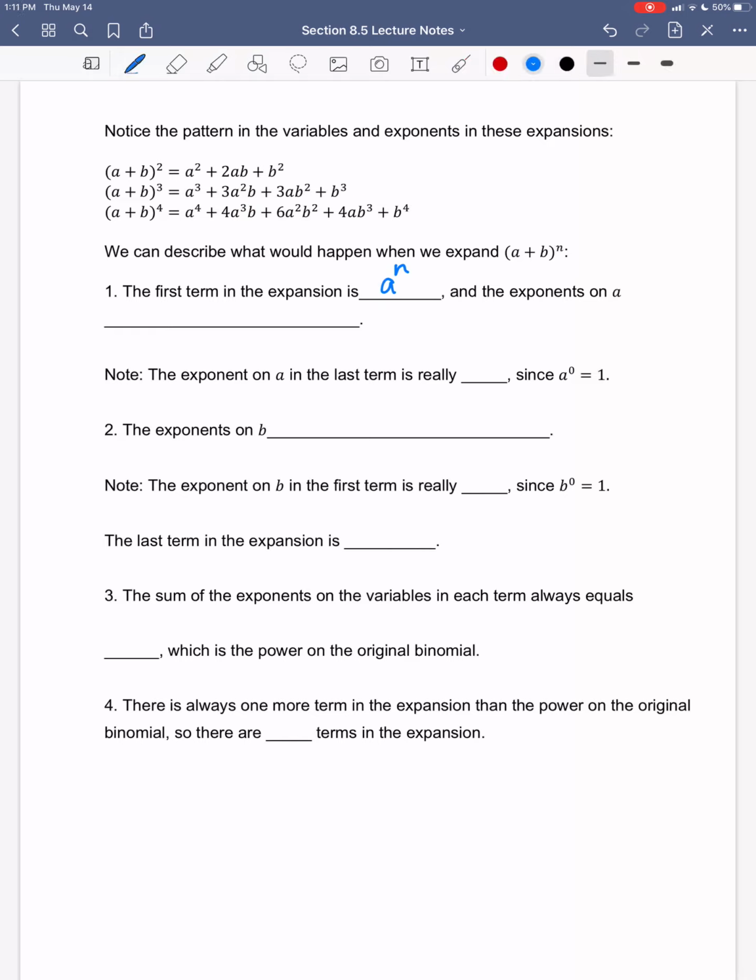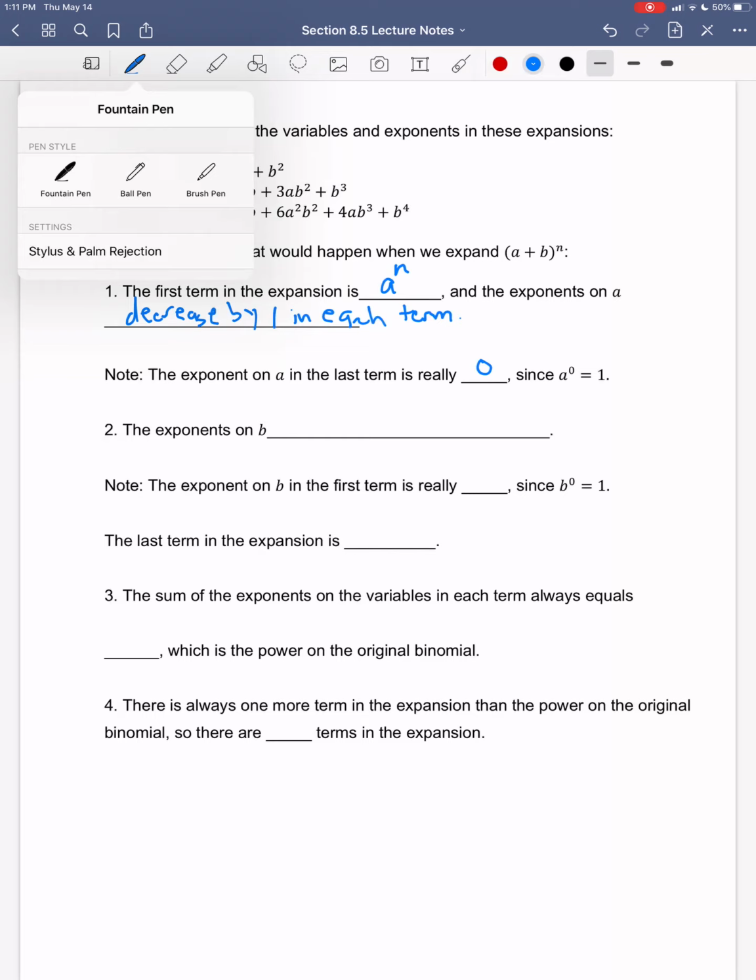So the exponents on a decrease by 1 in each term. So the exponent on a in the last term is really 0 because a to the 0 is 1.